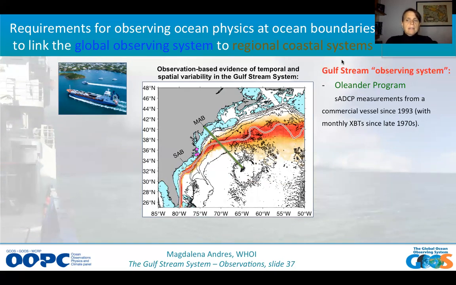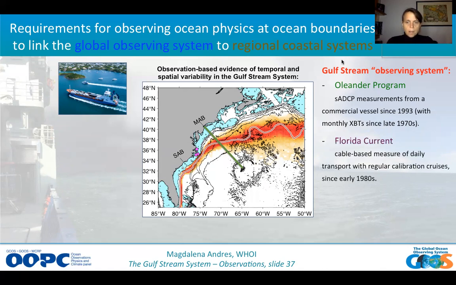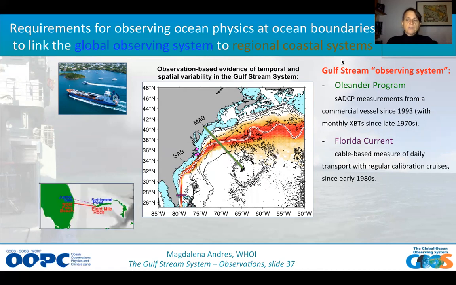These measurements have been made since 1993, and temperature profiles have been measured with XBT since the late 1970s. So this provides a really valuable long-term in situ record of Gulf Stream variability. In the Florida current, we have cable-based measures of daily transport with regular calibration cruises since the early 1990s. So these daily transports are a very useful way of monitoring the Gulf Stream.